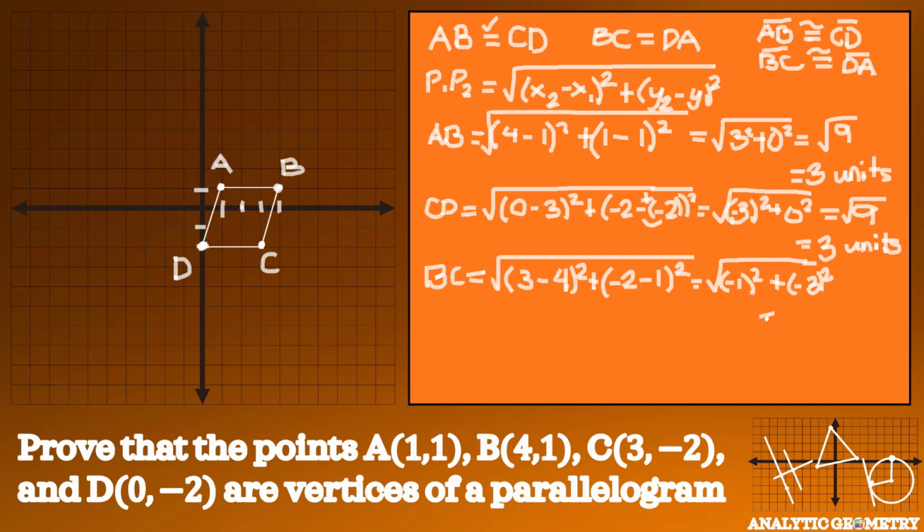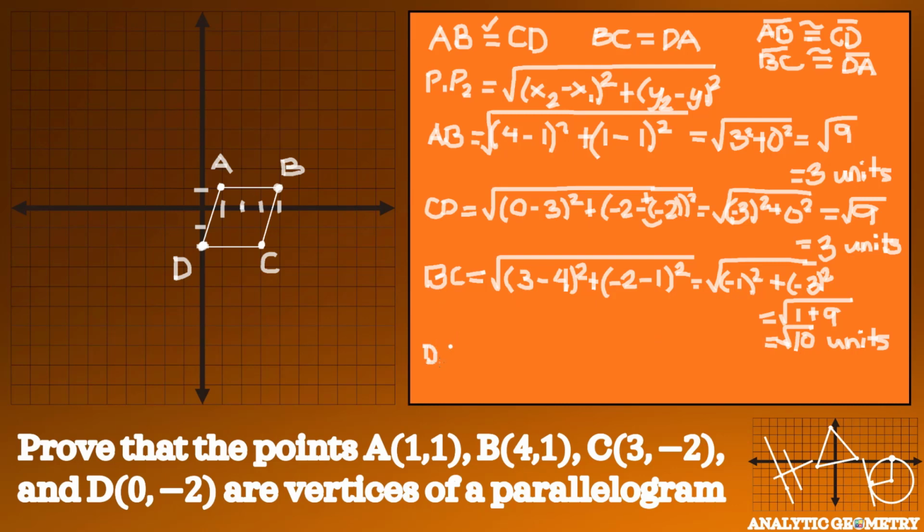That's 1 plus 9. In short, we have the square root of 10 units. No need to come up with a value in non-terminating decimal notation, because we're just checking if we have the same measurement for BC and DA.